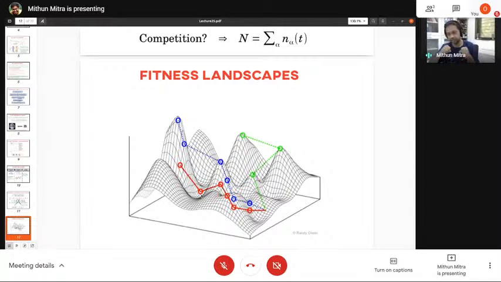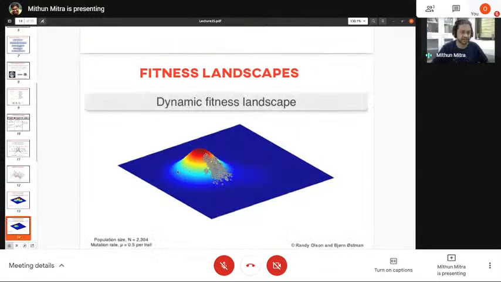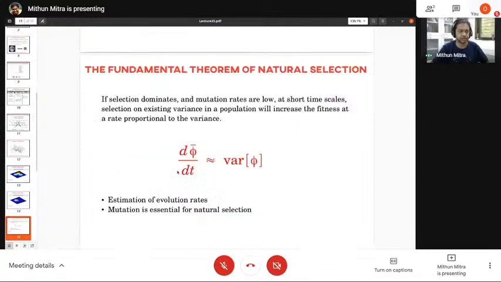So I'm not going into the details, but you can think of these populations as moving in some sort of potential landscape, and they can settle down into the minima of this landscape, which then represent stable states of these populations. So why do some mutations get fixed? What stabilizes a population? These are determined by these fitness landscapes, and these fitness landscapes can be static, they can be dynamic. Let me not get into that.